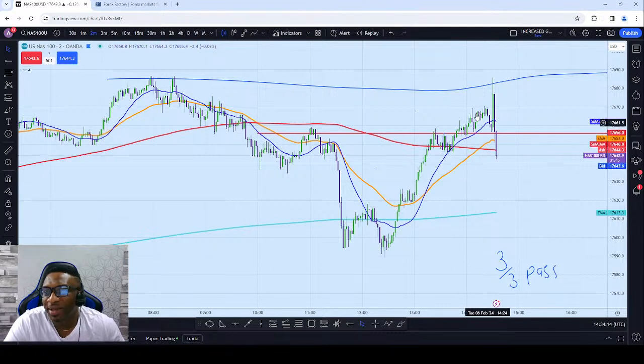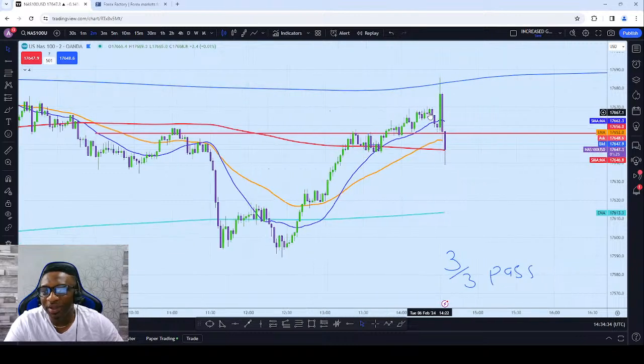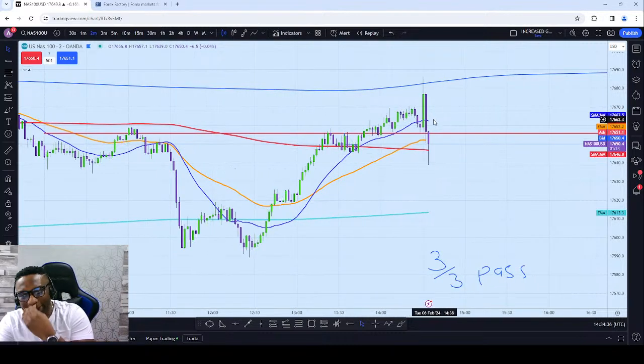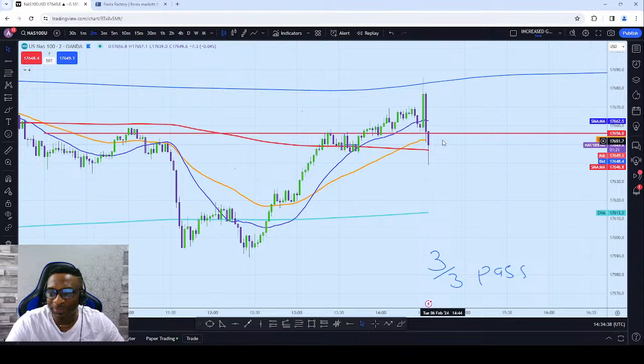So what price is doing now, normally when the market opens like this, if it wants to go down, it will first of all pretend it's going up, then it will begin pushing downwards. That's how sometimes it does, but you never know. So over here, price is below the moving average, which we can do a PCC test on it.